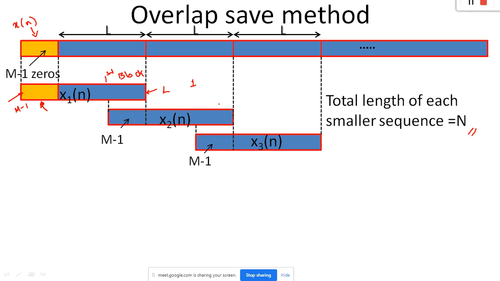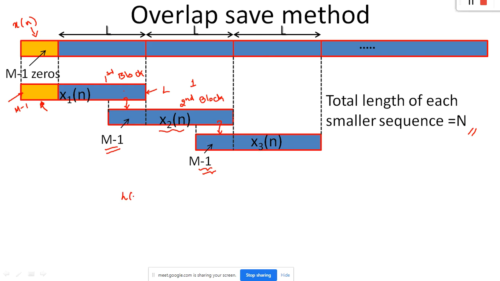From the second block onwards, I will be taking the second sequence x2 of n from x of n, to which I will be appending m minus 1 previous values. These m minus 1 values are added for x2. Similarly, x3 I will be taking from x of n, and for this x3 I will be adding m minus 1 values from the previous block.